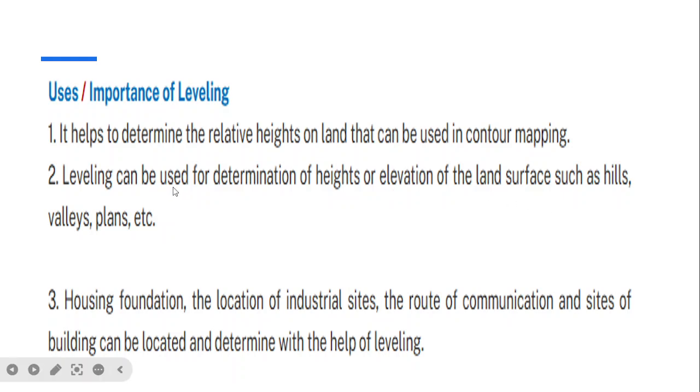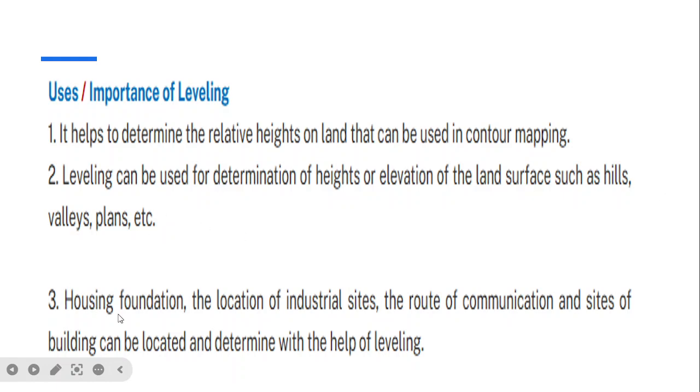You can simply understand whether it's high elevation or low elevation by using this leveling survey. So you can use it in the determination of land surface features such as hills, valleys, plains, etc.